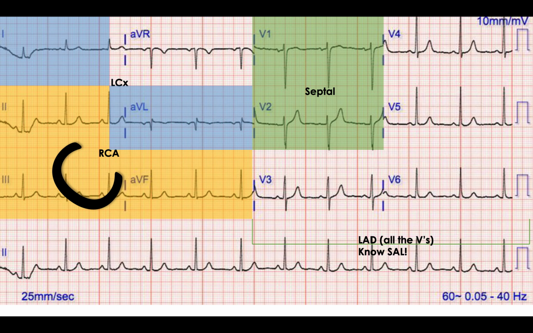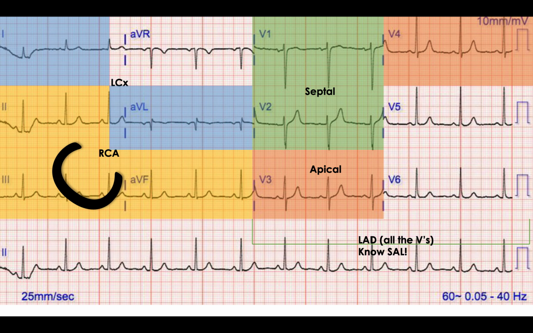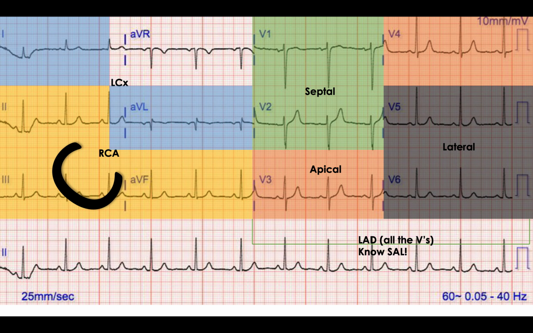They'll say anterior septal, but all of these have the word anterior in front of them, so I try to work smarter, not harder. V1, V2 is S for septal, V3, V4 is A for apical, so it'll say anterior apical or something like that, and then V5, V6 will be lateral.